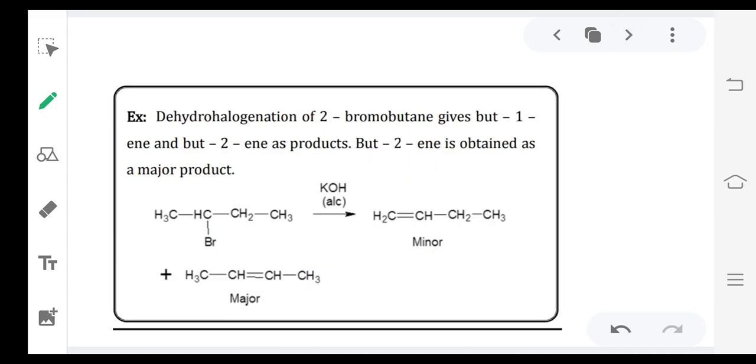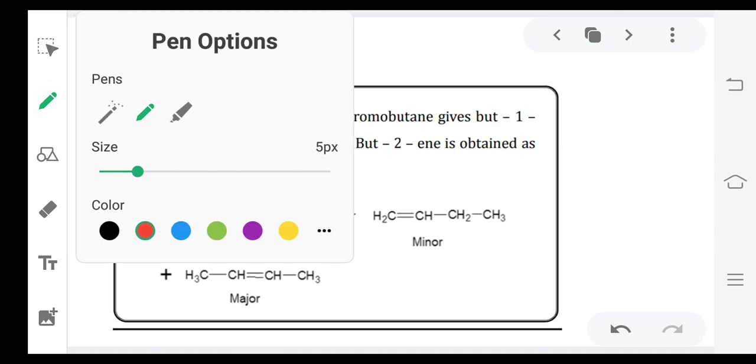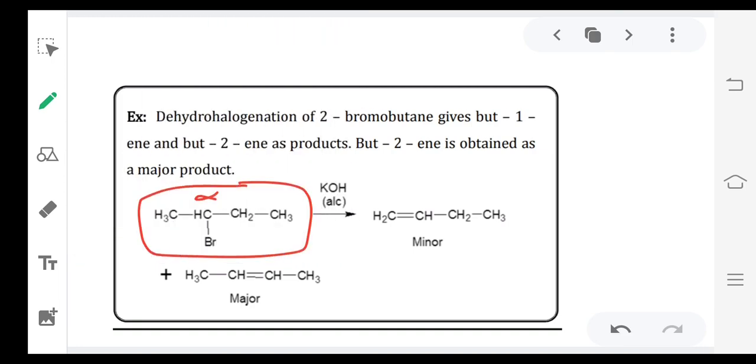Now see this example. In this example, what is the alpha carbon? This is the alpha carbon, and we have 2 beta carbons. The next one is a beta carbon, and this one is also a beta carbon. Now from which beta carbon do we have to remove hydrogen? According to the Saytzeff rule, from the carbon having the least number of hydrogens we have to remove hydrogen.